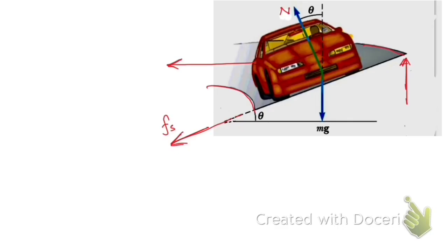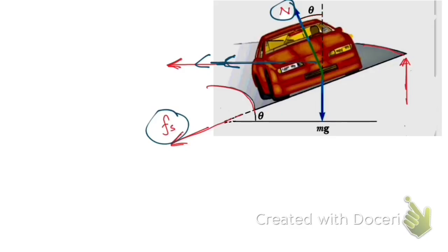So now you see, this centripetal force will be provided by one component of the normal and one component of Fs. Now if you resolve into components, here you see this angle is theta, then this angle will also be theta, right.